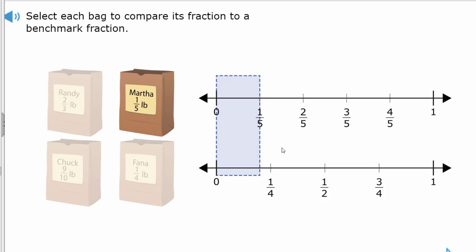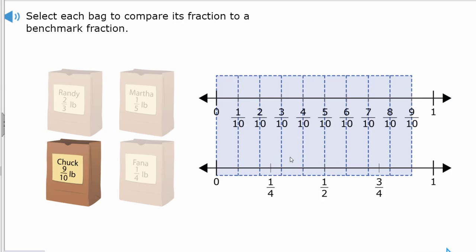1/5 is between 0 and 1/4 and closer to 1/4. Okay, the last one here, 9/10.